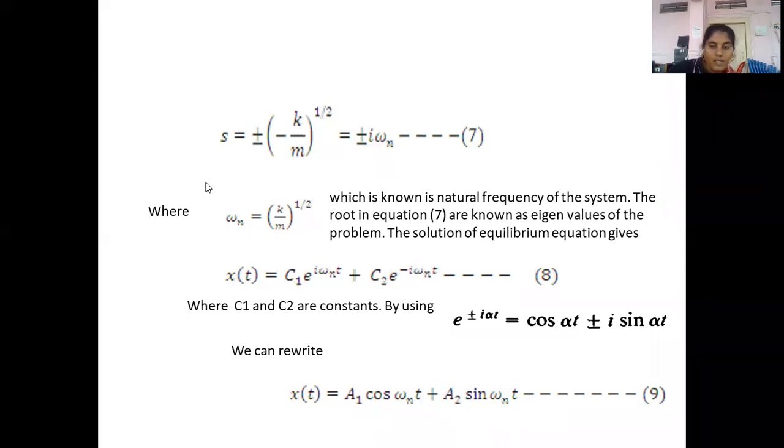So put these values where e raised to i alpha t, put the plus sign. Where e raised to minus i alpha t, put the minus sign. Okay.